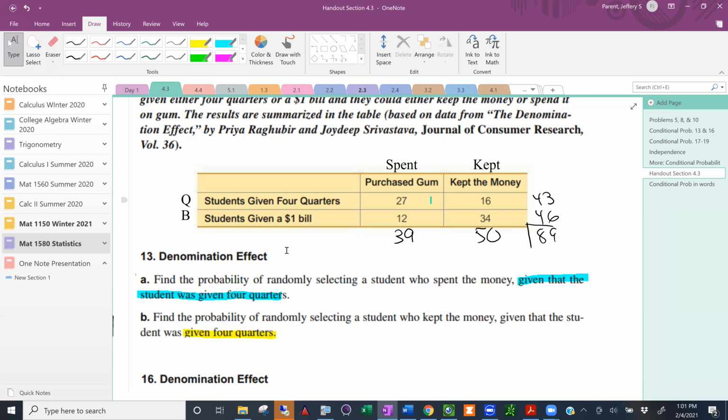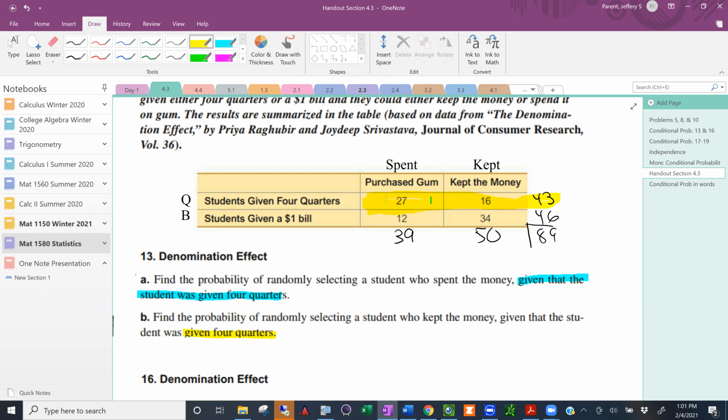Quarters. They were given quarters. Yeah, you're given quarters. Good. Thank you, Lauren. So you're given quarters. So that tells you you're in this row. You can ignore everything else because you're in this row. You're not looking at the people who were given dollar bills. You're just looking at the people who got quarters.